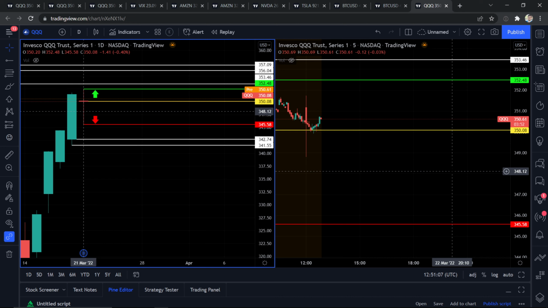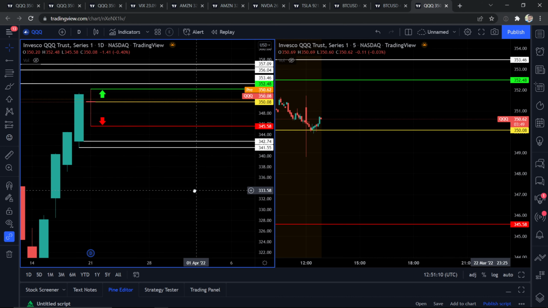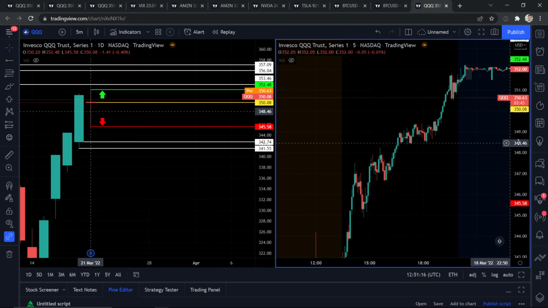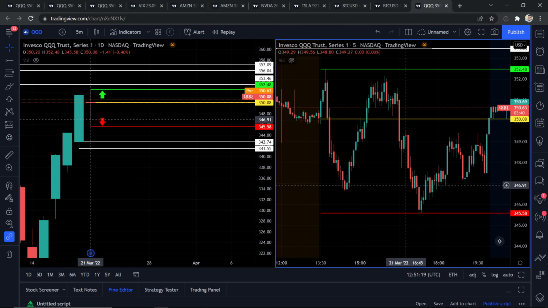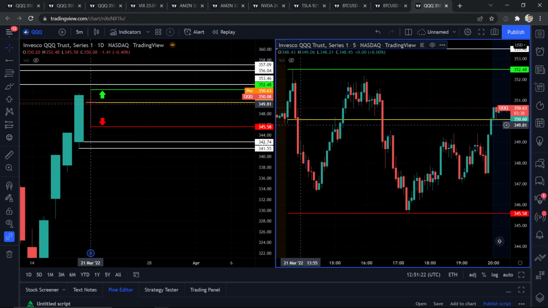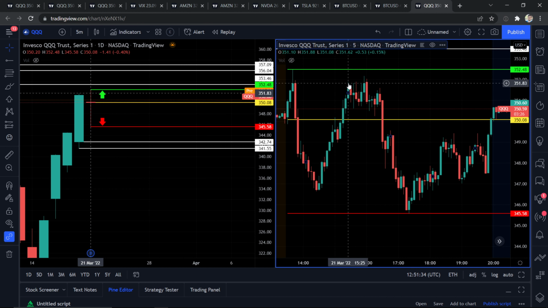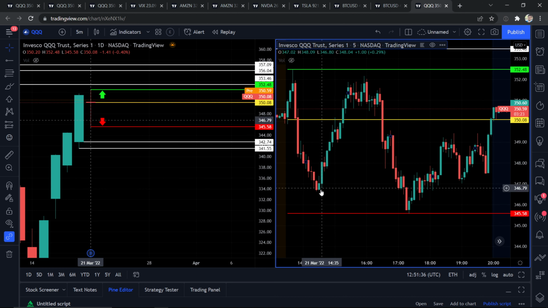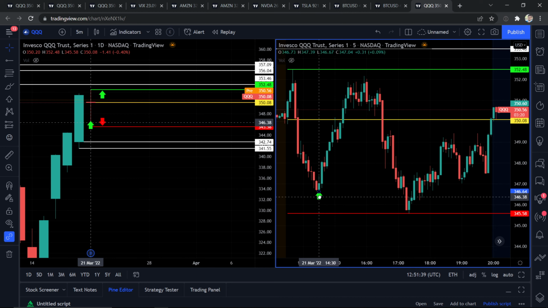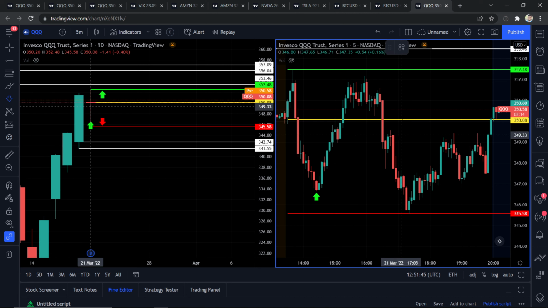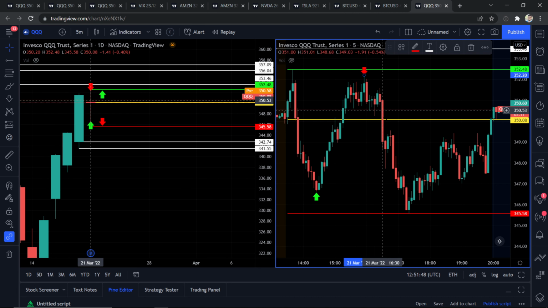And essentially, to wrap it up, don't fall in love with a direction at the open. The reason is because if we look at yesterday's price action, if you fell in love with, let's say, the upside, you would have gotten shaken out. If you fell in love with the downside, then you would have gotten shaken out on this pop. And then again, if you're like, oh look, we bounced off of this low, we had a strong bounce, that means we're going to go higher, then again, you got faked out up here because the rug got pulled again.